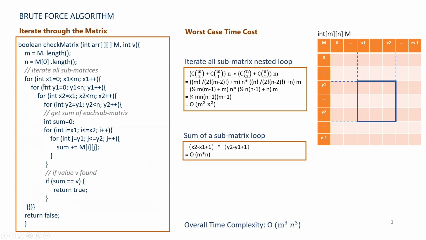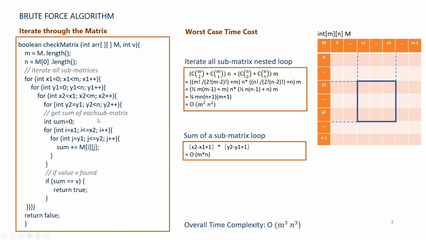For x1, x2, y1, y2, the four corners of the submatrix, x1 goes from 0 to M, y1 from 0 to N, x2 from x1 to M, y2 from y1 to N. So these iterate through the whole matrix.